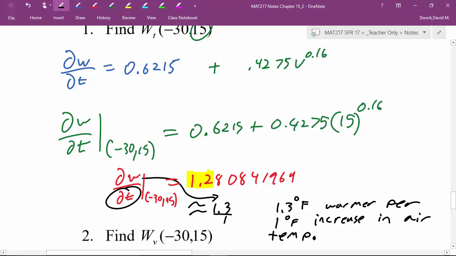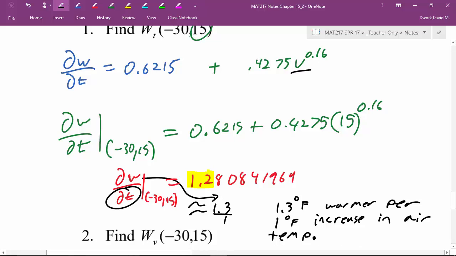But can we stop there? No, I can't stop there, because was this formula dependent on any values? When I took my derivative, did I have to substitute in the temperature? Did it matter that it was negative 30 degrees outside? No, that didn't matter at all. What did matter was the velocity. So what was the wind blowing at? 15 miles per hour.